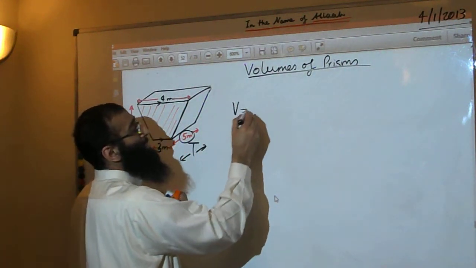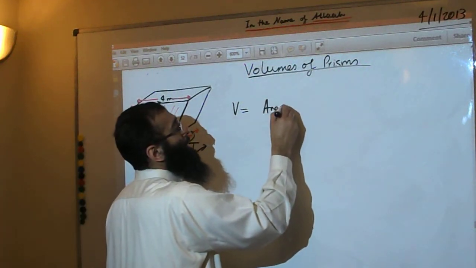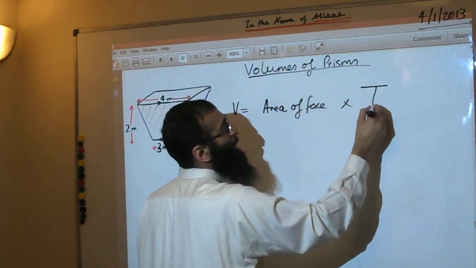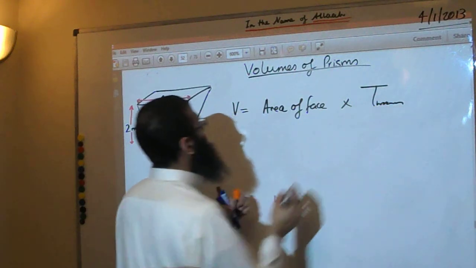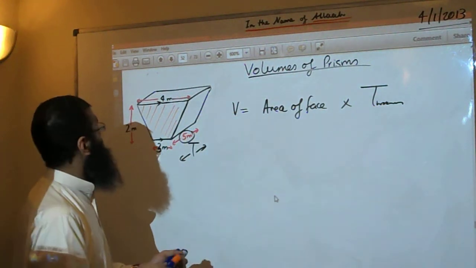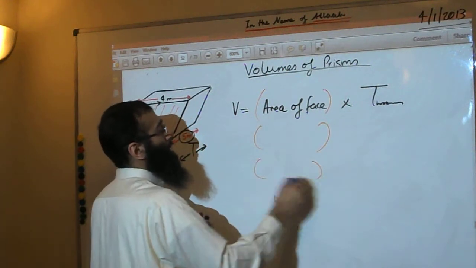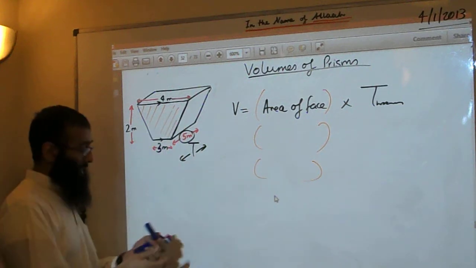So we say the volume is equal to, let's go back to our basic principle, the area of the face of the shape multiplied by the thickness T. This part here we're going to color code again. Now a trapezium has a particular area.